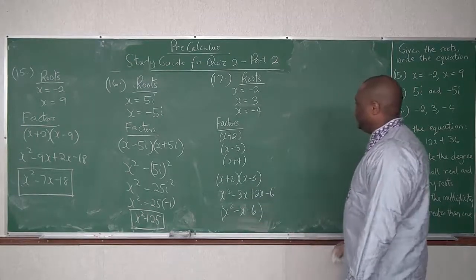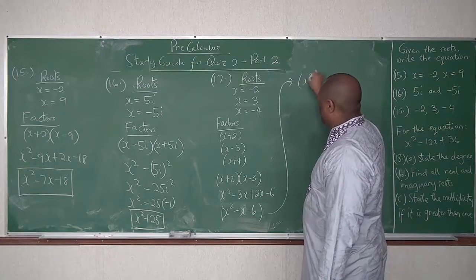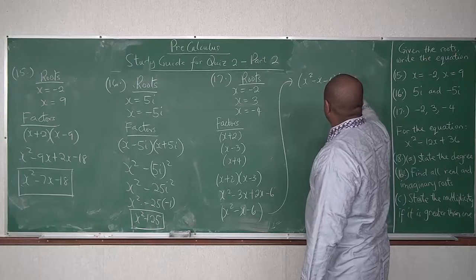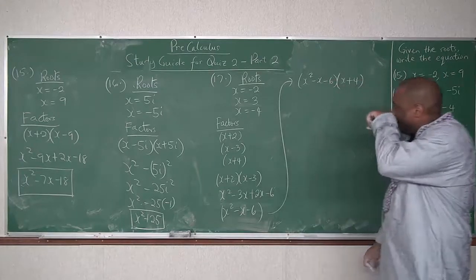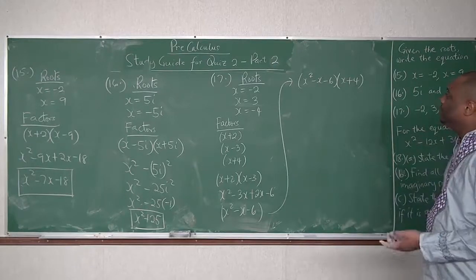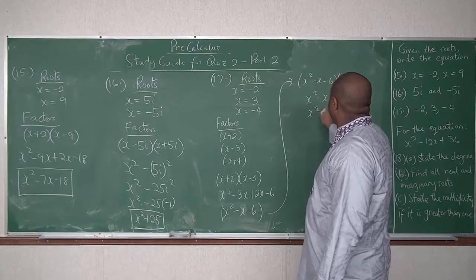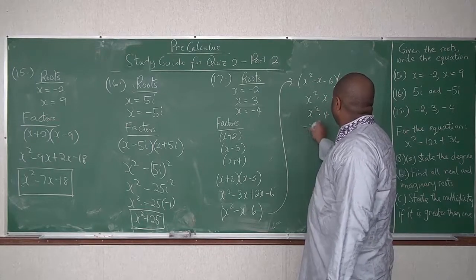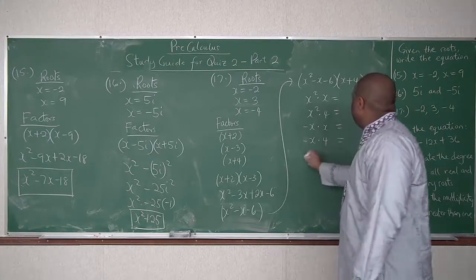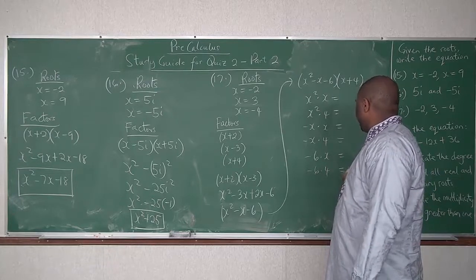Then we now multiply this: x squared minus x minus 6 times x plus 4. Let me use the vertical method in this case. x squared times x, x squared times 4, negative x times x, negative x times 4, negative 6 times x, negative 6 times 4.